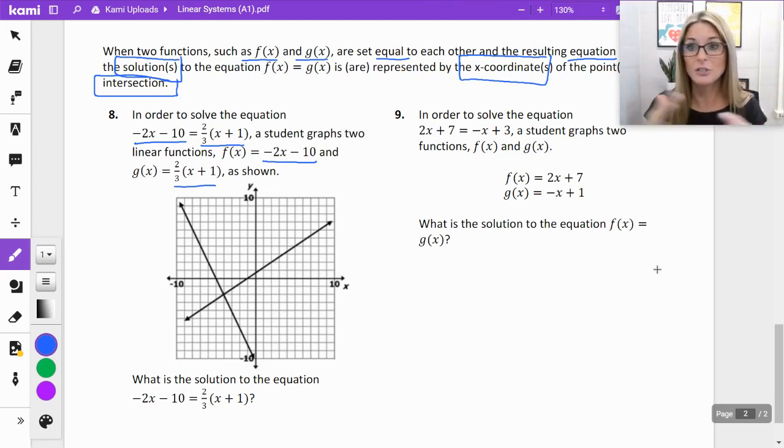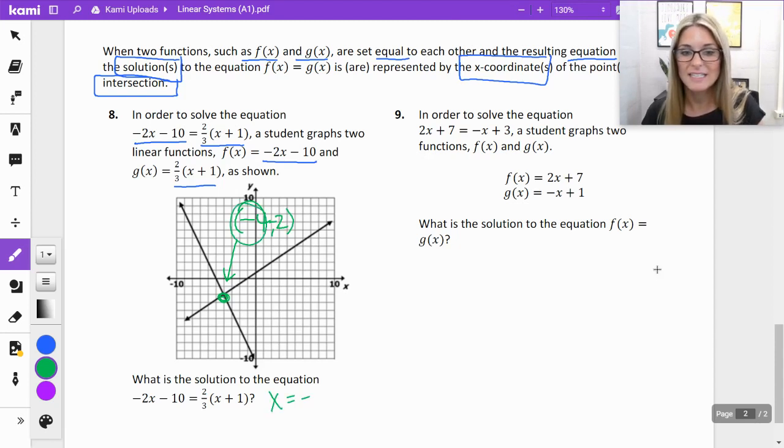So what the student did is completely legal. You can absolutely graph each side separately and see where they intersect. This intersection point is going to help us identify our solution. That intersection point is -4, -2. And I only care about the x value. When x is -4, it will make this equation true.